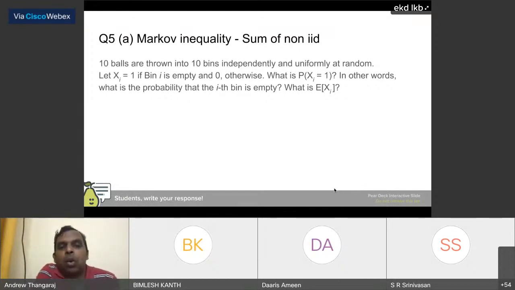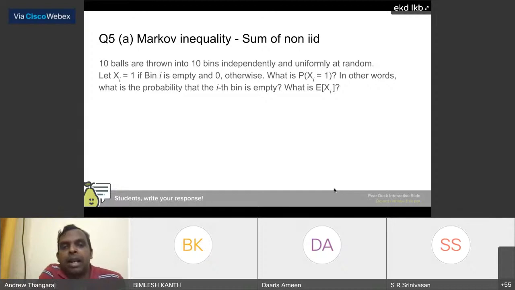Now I'm going to define a random variable x sub i, where i could be 1, 2, 3, 4, like that. And x_i is 1 if bin i is empty. Think about this once again. I have 10 balls. I've thrown them independently and uniformly into 10 bins.